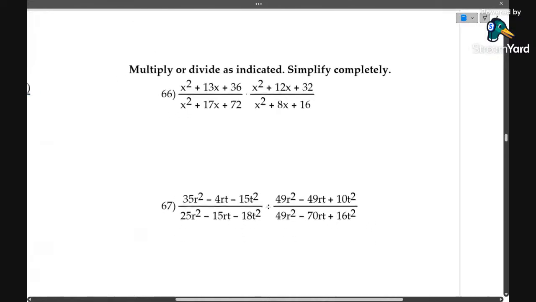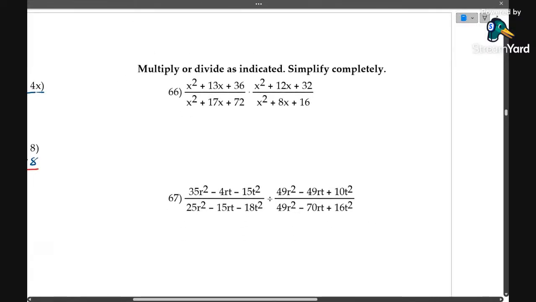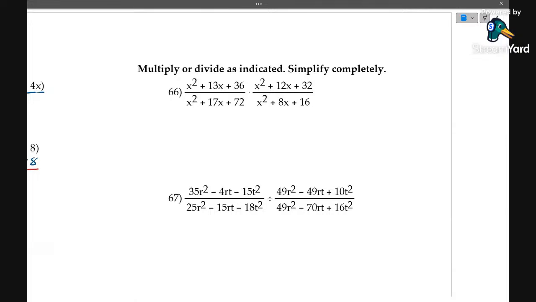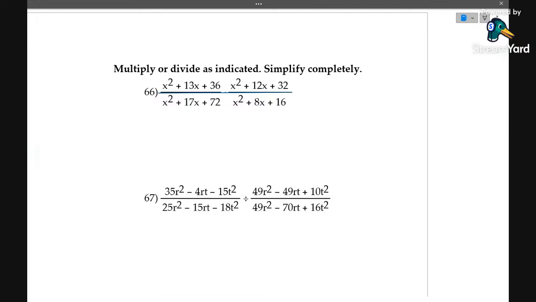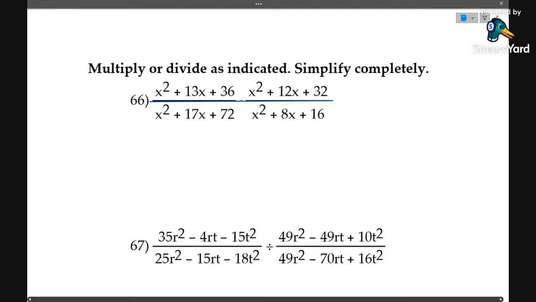Okay, multiplying and dividing is simplifying just with a couple extra steps. Multiplication, we can just treat this as one big fraction because it's numerator times numerator, denominator times denominator. So we want to factor each of the polynomials within the numerator and denominator and then look for common factors across the whole expression having been multiplied together.